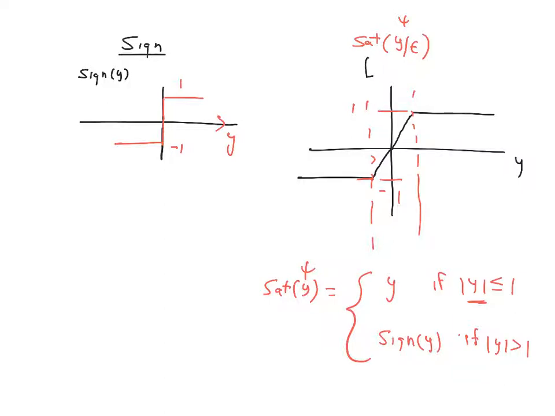When epsilon is there, it will be y by epsilon. If you put epsilon inside, let's see what the effect is on our Lyapunov function when we use saturation, and it will make things clear.